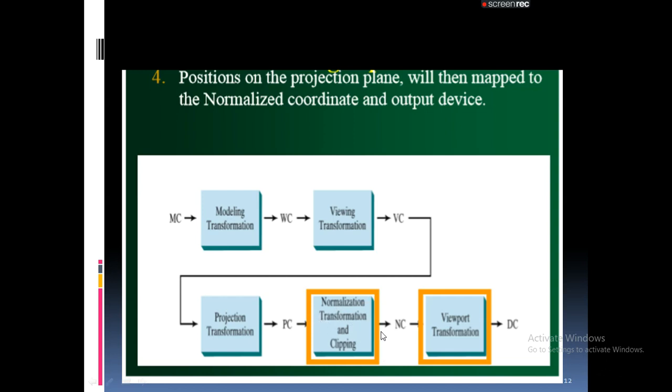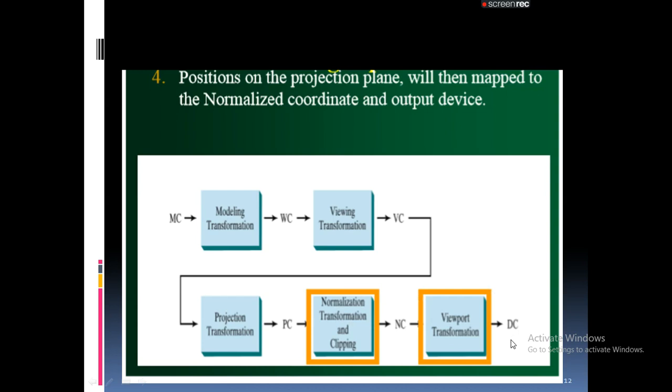Next we need to map normalization coordinates to viewport coordinates. Then the viewport coordinates we need to map to our device coordinates or screen coordinates.